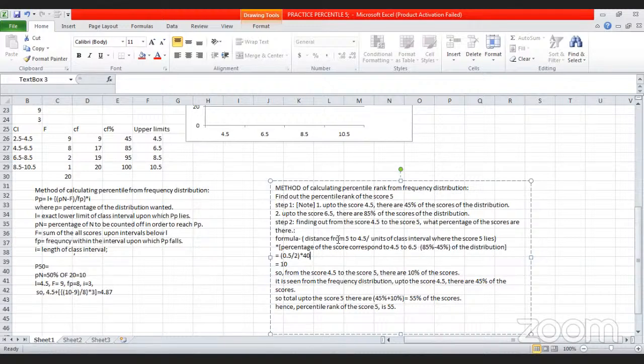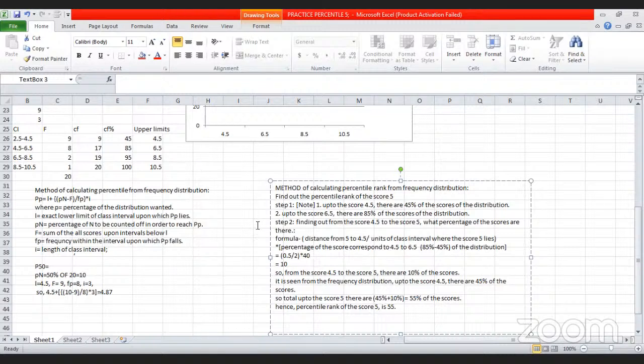Now I think it's clear. That means we need the percentage of the scores that correspond to 4.5 to 6.5.